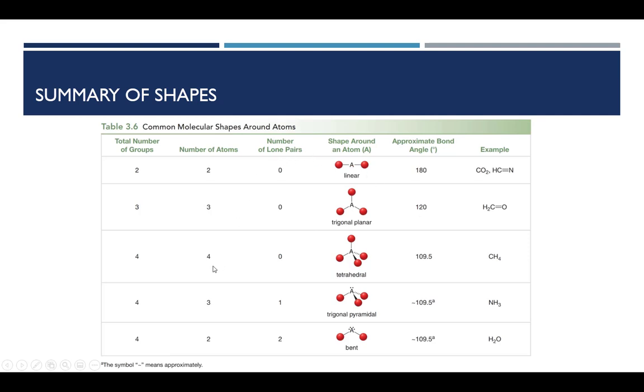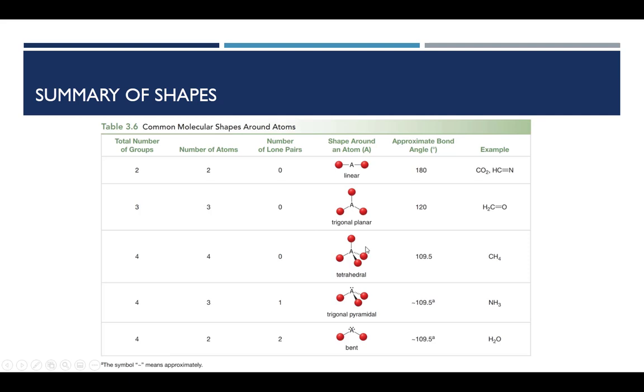If we have 4 atoms bonded to the central atom and 0 lone pairs, then we get what is called a tetrahedral shape. Now, the way this is drawn is to show you that the molecule is actually in 3 dimensions. And this wedge is telling us that this atom is coming out at us, and these dashes tell us that that atom is going away.